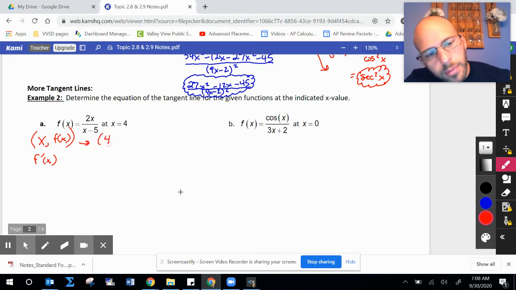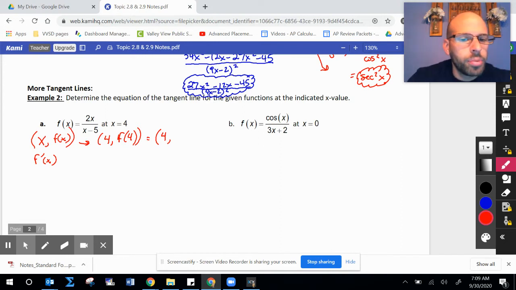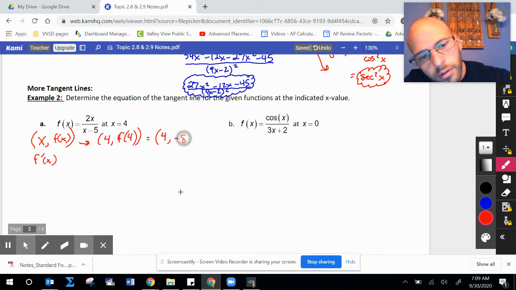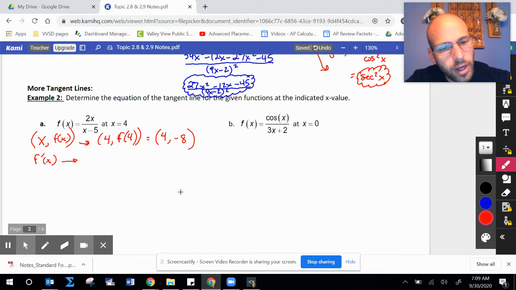So my point is going to be 4 comma f of 4, which would be 4 comma, if you plug 4 in, I get 8 over negative 1, which is negative 8. Okay, so this is my point. Then I want my slope, right? I want to know what f prime of 4 is.